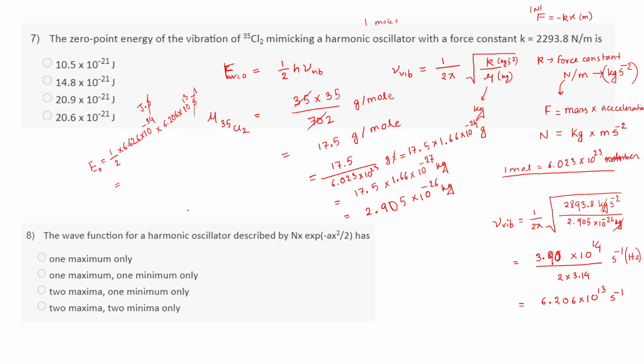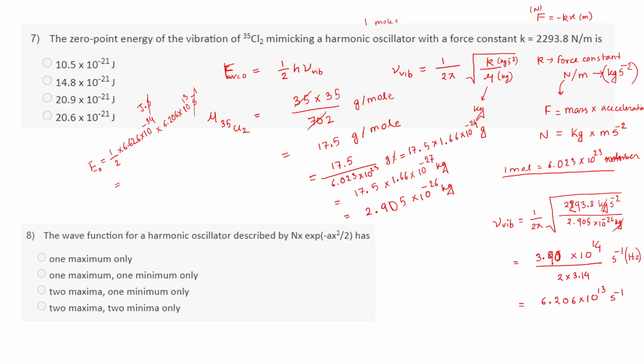I think I have made a mistake somewhere. The answer I am getting is a little bit different. Okay, I have made a mistake here. I have chosen 2 instead of 2293, I have chosen 289.